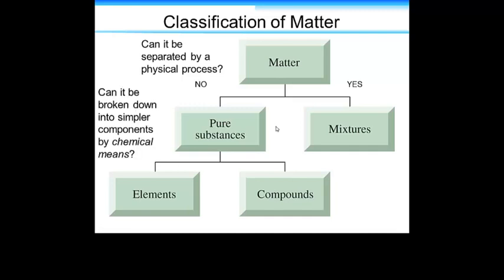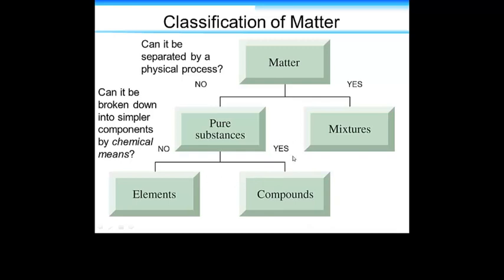To further categorize the type of matter, if you know it's a pure substance, it can be one of two different groups. It could either be an element or a compound. If it could be broken down further into even simpler components, essentially what we're getting at is if it's a compound, can we actually break up that compound into elements?